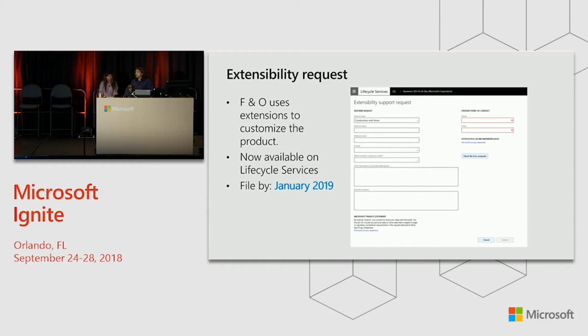So please, if you haven't already and you have systems that are below 8.0, we really encourage you to start assessing the systems, what extensions you need, and file these requests as soon as possible.